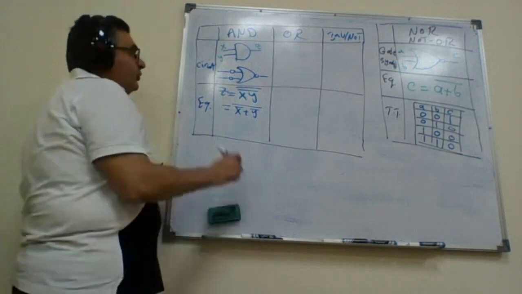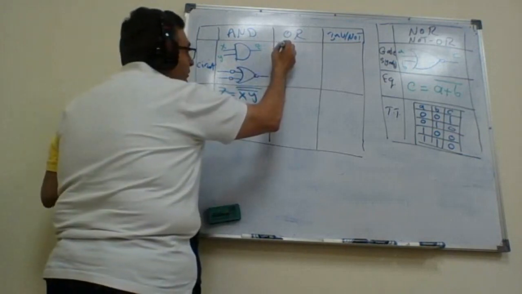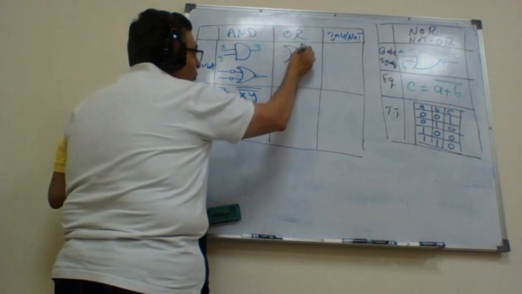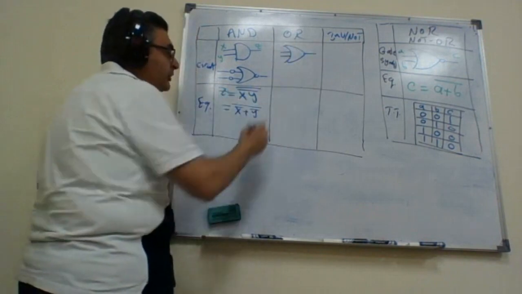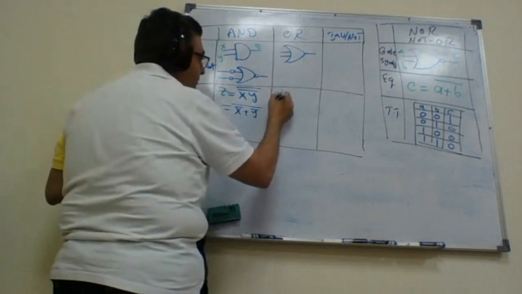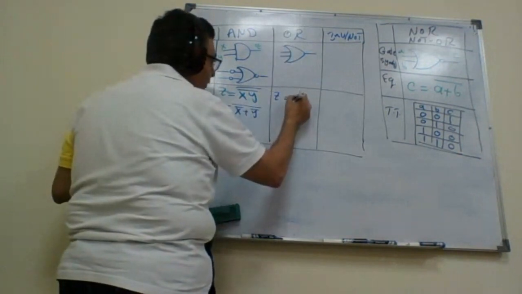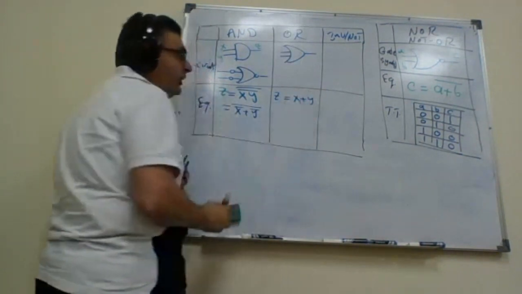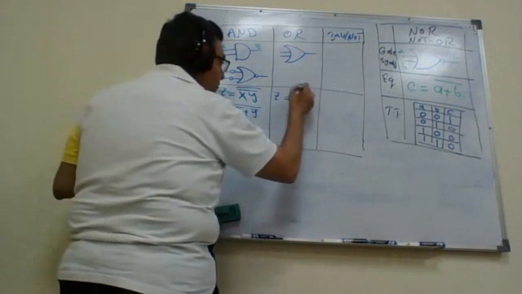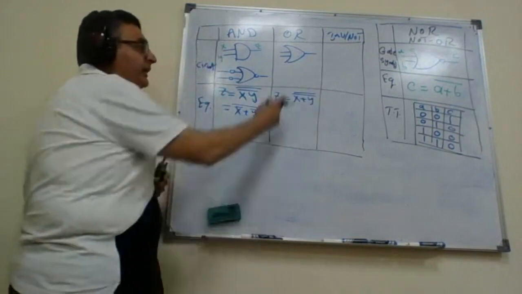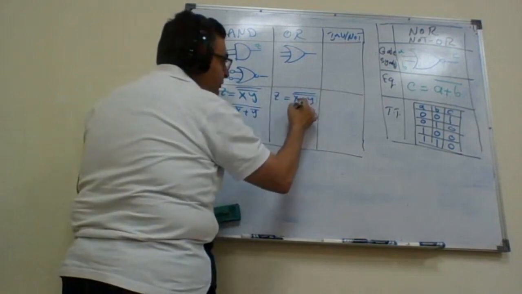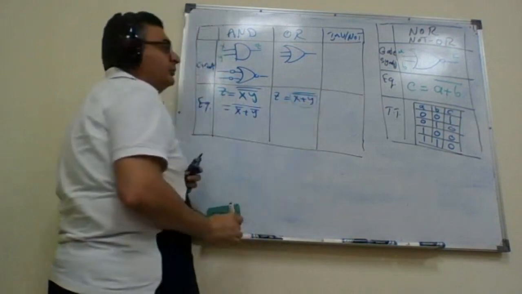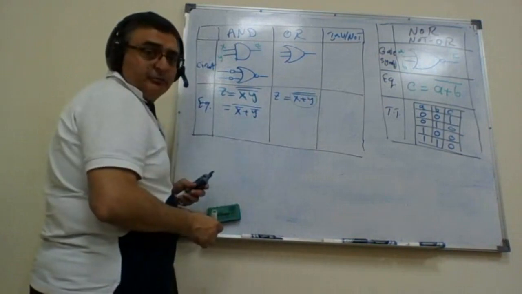For the OR, if I have an OR and want to replace it with a NOR, the same concept applies: z equals x or y. Here I put 2 bars and there is no need to break the inner one, because it represents a NOR followed by an inverter.